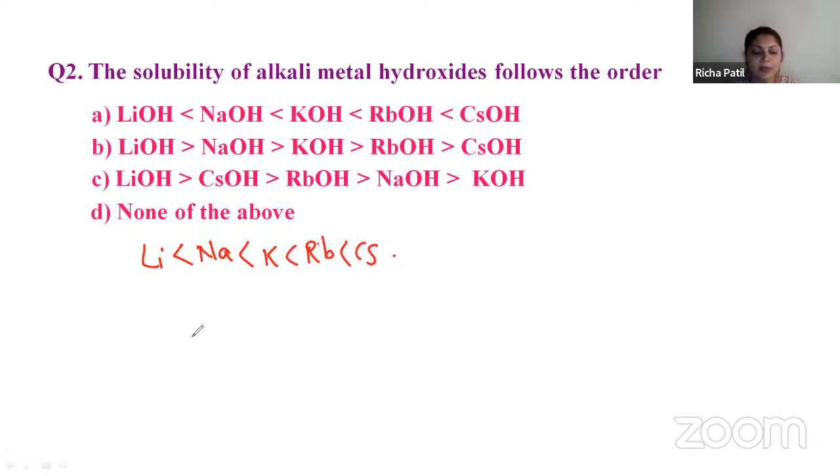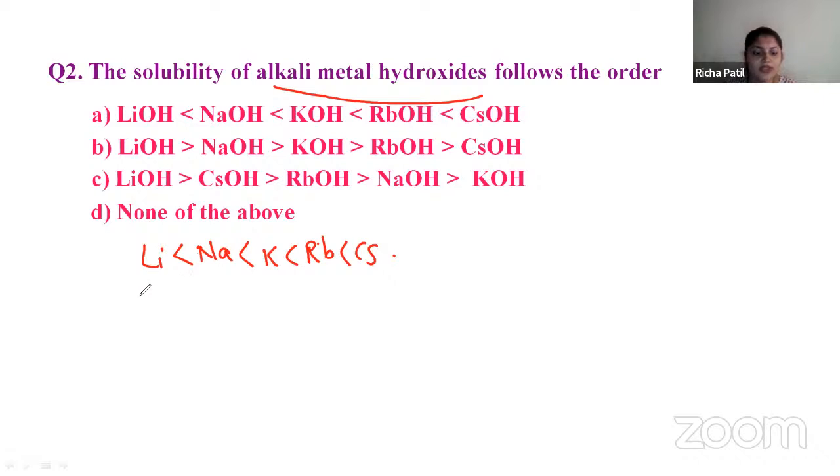Now you want to see the solubility of alkali metal hydroxides. For this you have to see the bond dissociation energy, which is the energy required to break the two atoms or elements apart.